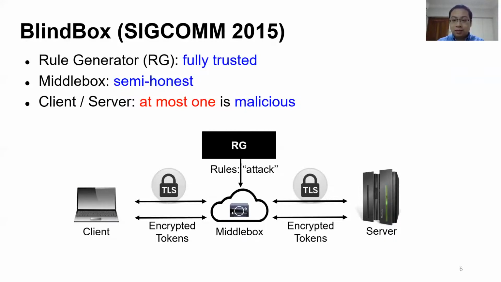Note that it is a fundamental requirement that at least one of the two endpoints is honest. This is because if the two malicious endpoints agreed on a private key and sent traffic encrypted by this particular key, detection of malicious traffic would be infeasible.